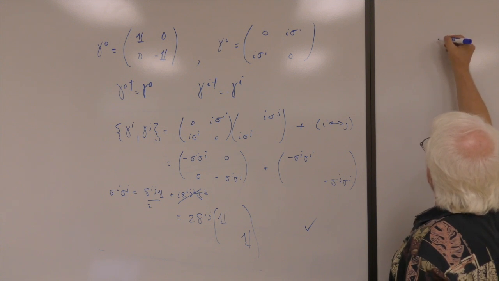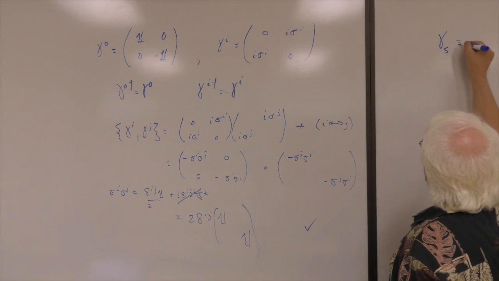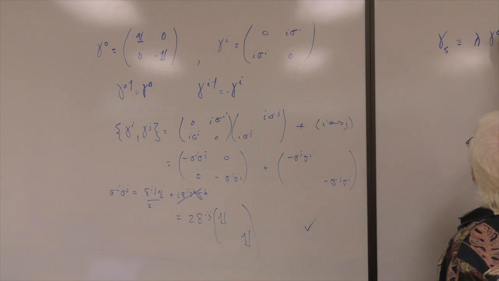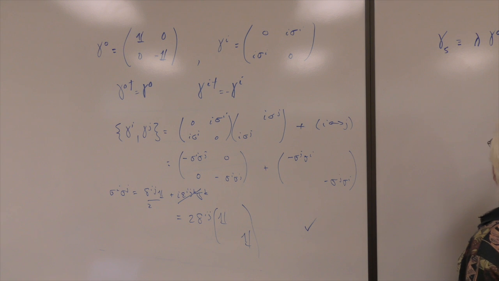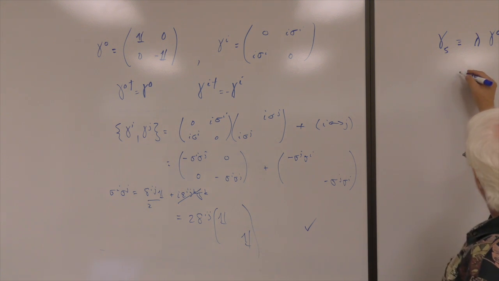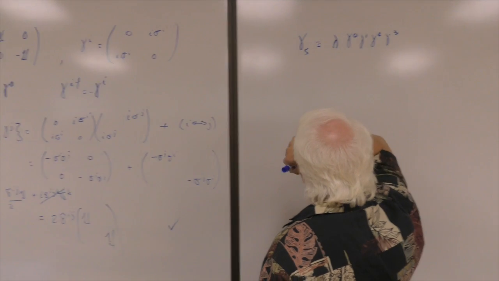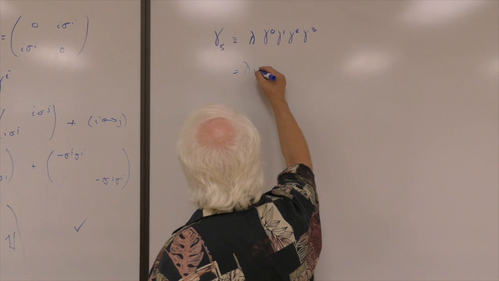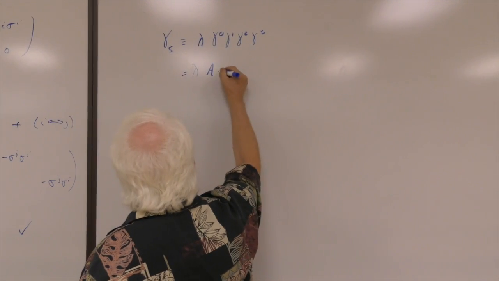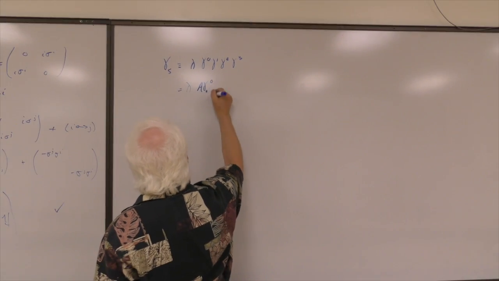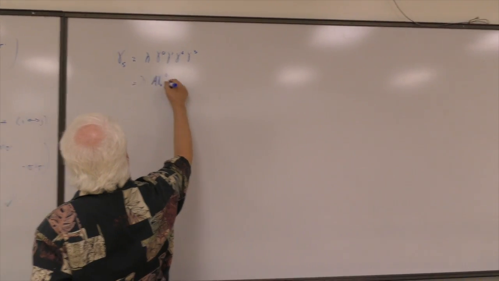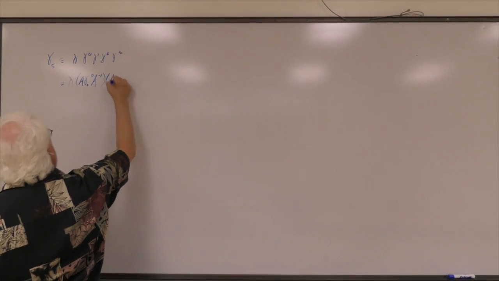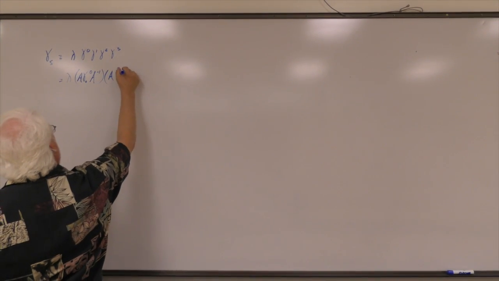So, for example, let me define gamma 5 to be a multiple of a product of gamma 0, gamma 1, gamma 2, gamma 3. And I can write that as a gamma 0, 0. So if we go back to our basic representation, the same kind of argument holds.